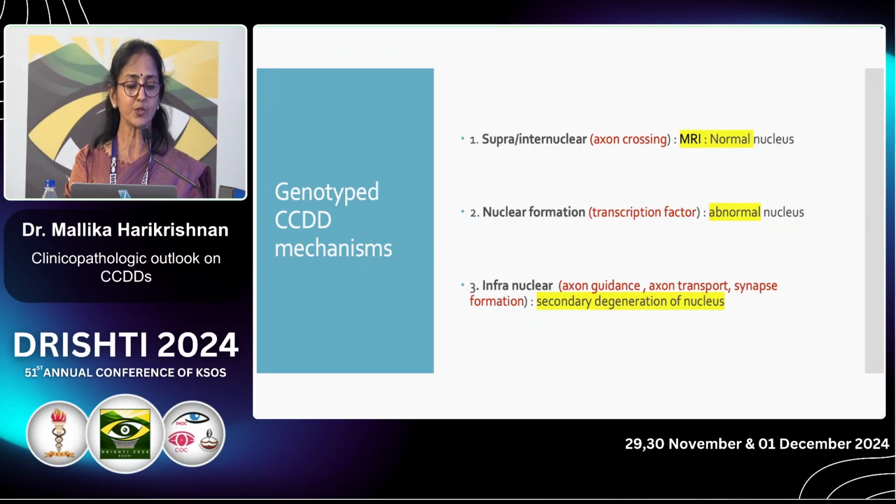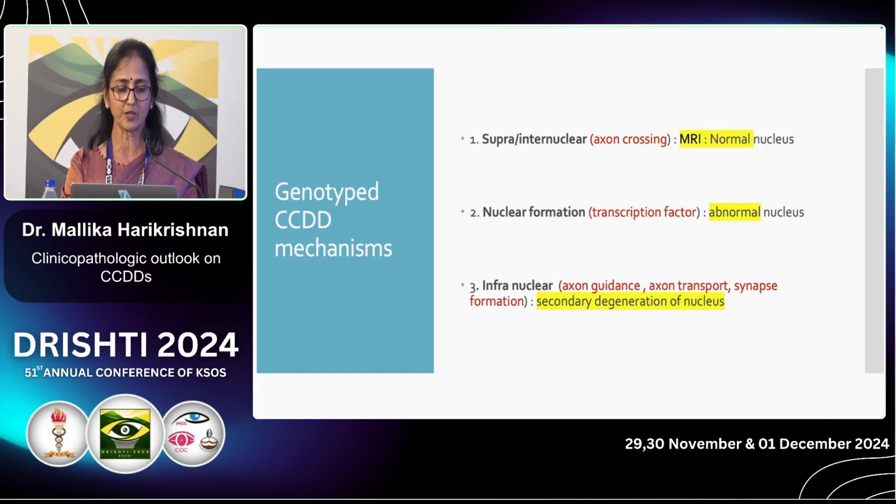So I would like to classify the CCDD mechanism into three: supranuclear, nuclear, and infranuclear. In the supranuclear or internuclear problem, the problem is with the axon crossing. So if you take the MRI, the nucleus will be normal. In nuclear formation defects, this is due to transcription factor deficiency. Here it will be an abnormal nucleus.